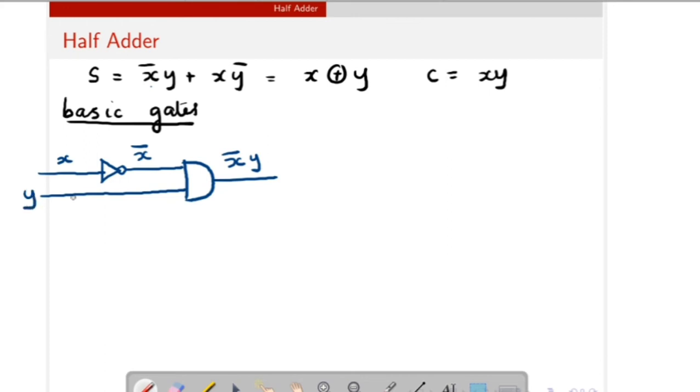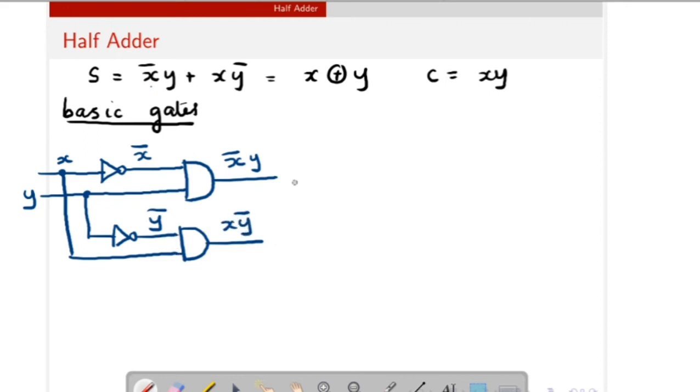Here it is the y input, then y bar, so we take the y input, then note that y, so we get y bar, then we take the x input, then both are ANDed together, so we get x y bar, then over these two outputs, that is x bar y plus x y bar.